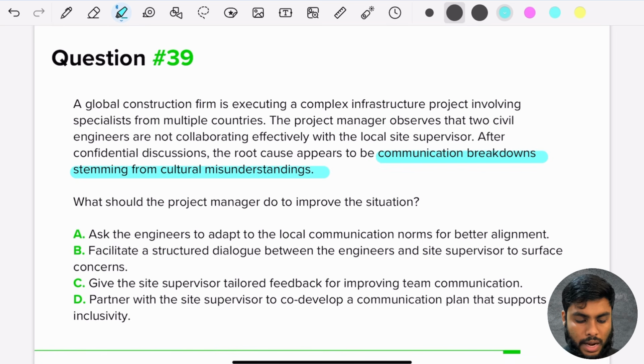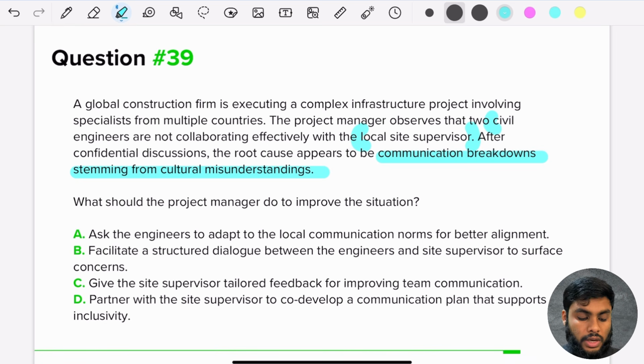Okay, ask the engineers to adapt to the local communication norms for better alignment. Well, listen, this only involves the engineers. I want to involve the engineers and the local site supervisors, right?